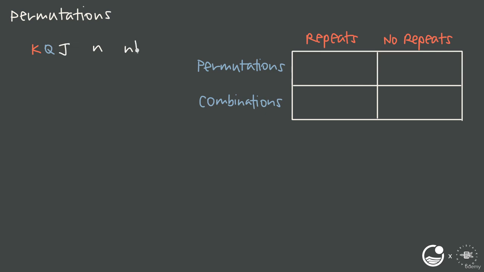And if you remember, when we did that calculation, we said that the order mattered. We said that the arrangement king, queen, jack, for example, was different than the arrangement king, jack, queen. So because the order mattered, when we calculated that n factorial value, we were actually calculating a permutation. In other words, in the last lecture, instead of saying that we were talking about factorials, we could have said that we were talking about permutations.